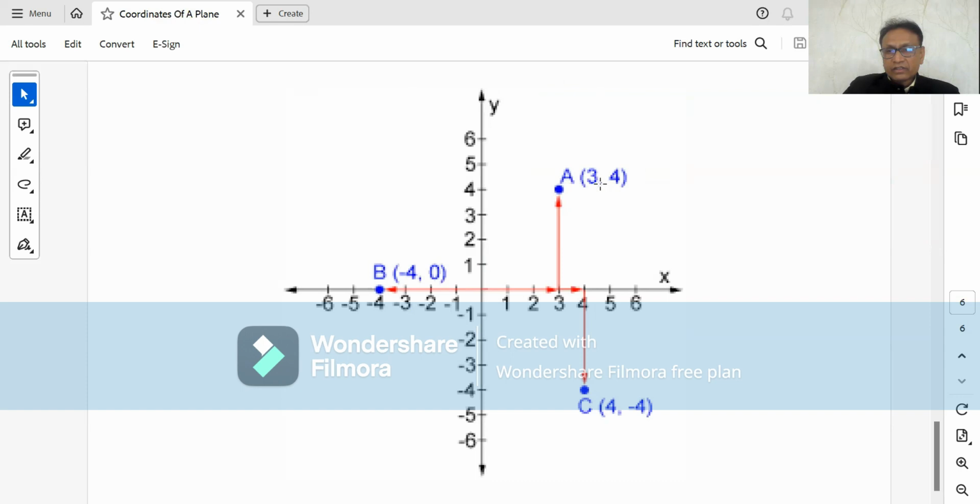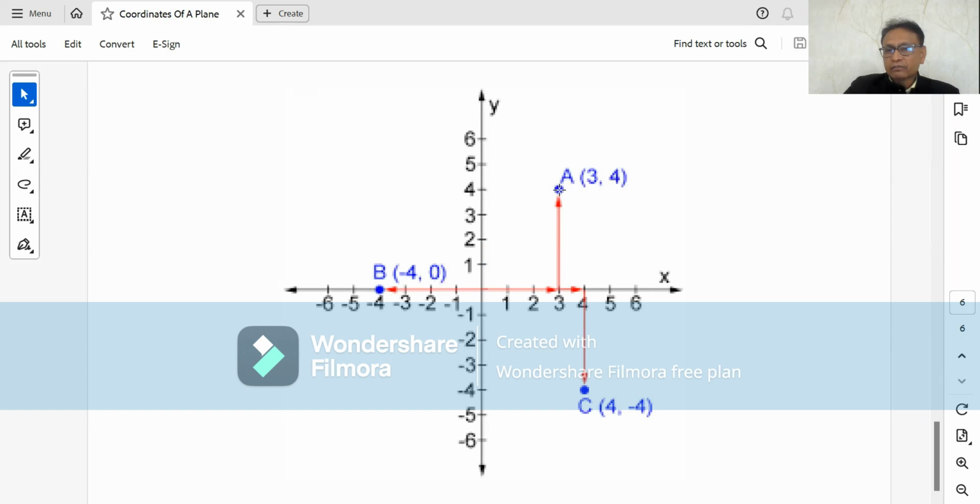So see this point (3, 4). Perpendicular from here to the x-axis, perpendicular from here to y-axis, it will intersect here 4. So the measurement along x-axis is 3. So 3 is written here, and the measurement along the y-axis is 4. 4 is written here.